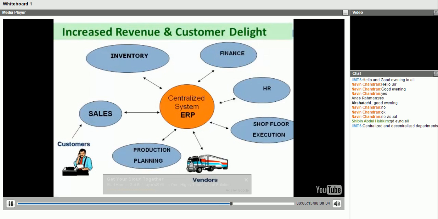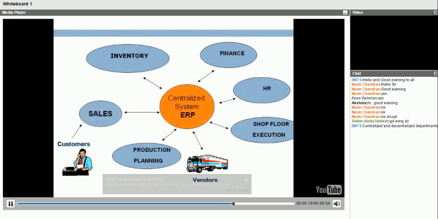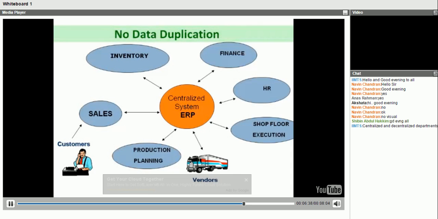In case manufacturing is required, the sales team updates the centralized database. Production planning department is auto-updated by the centralized database for requirements. The production planning team checks the availability of the raw materials required via central database, which is updated by the inventory department. Thus, data duplication is avoided and accurate data is made available.